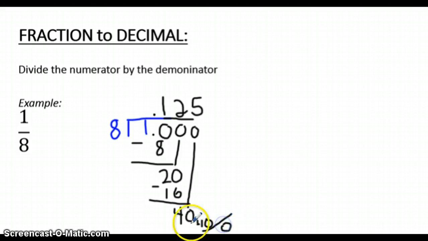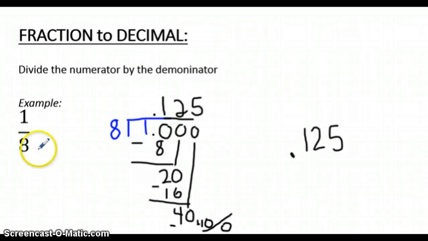Sorry, I ran out of room. So our answer is decimal point 1, 2, 5, 125 thousandths. 1 over 8 is a fraction, which means it's less than 1. This number represents a number less than 1. So that's just a little mental trick.